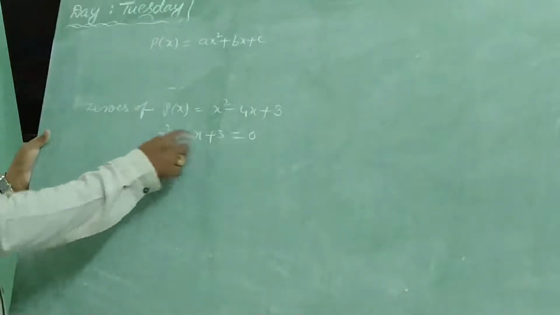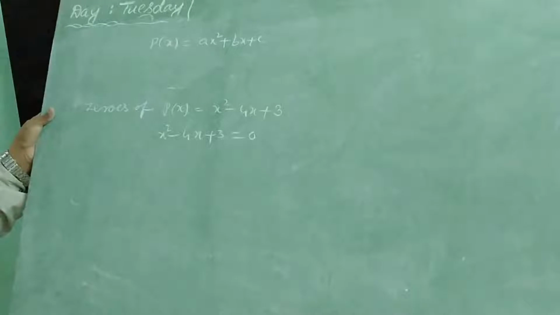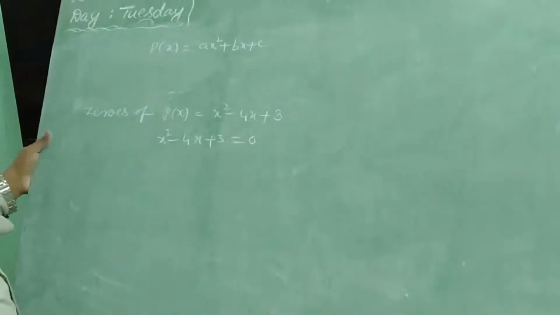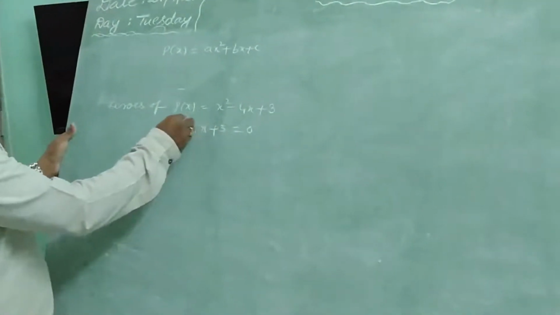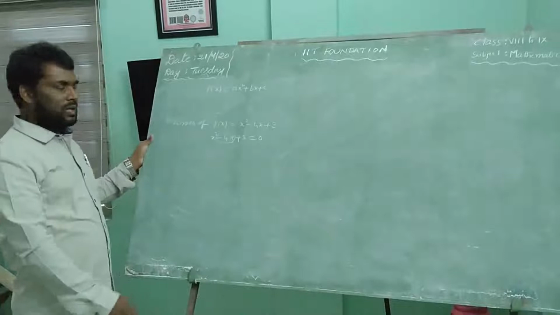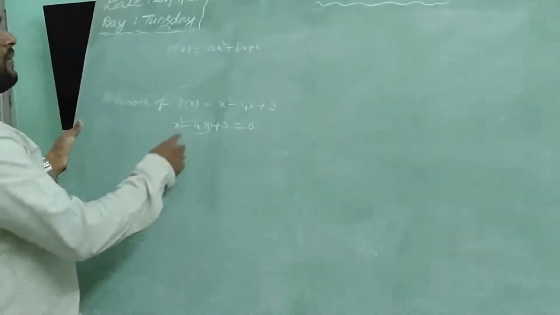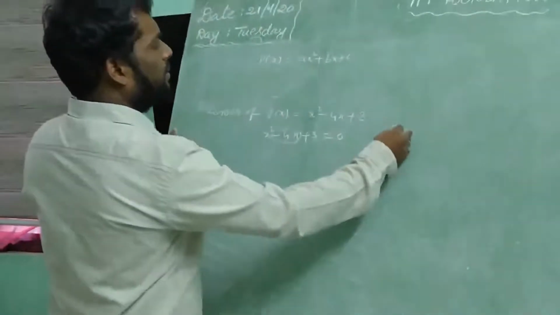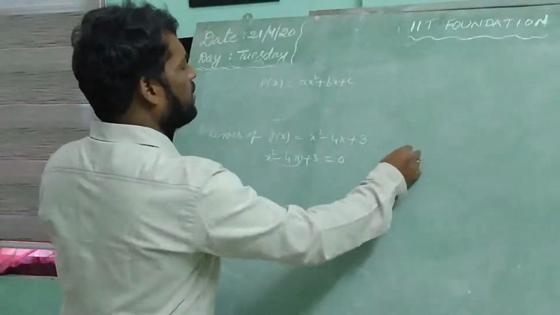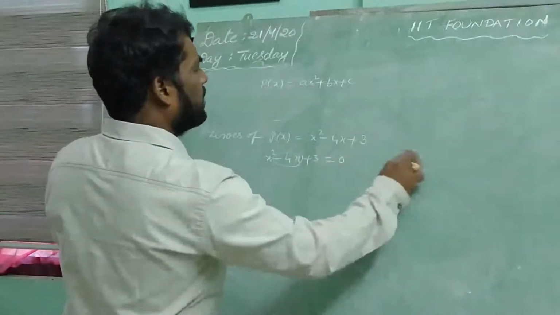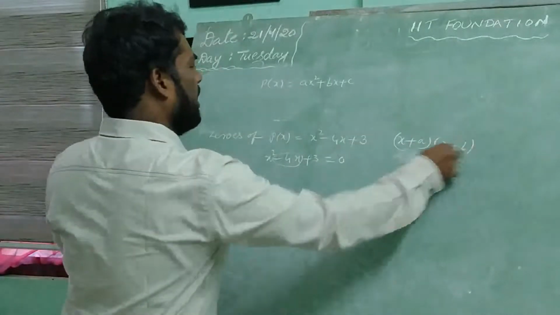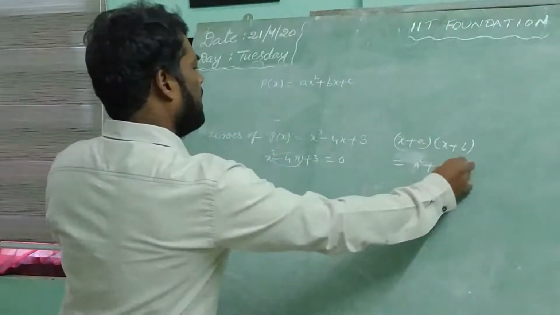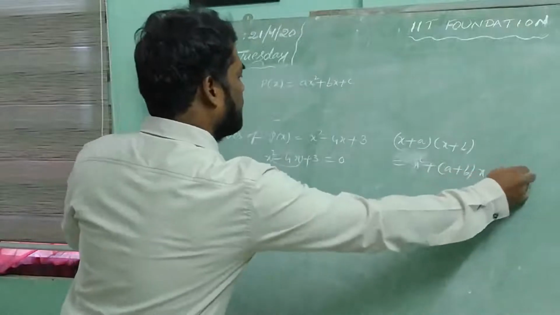Now how do you find the zeros of this quadratic polynomial? By doing factorization. How do you factorize? This minus 4x is split into sum of two terms. Before that, x plus a into x plus b can be written as x square plus a plus b into x plus ab.